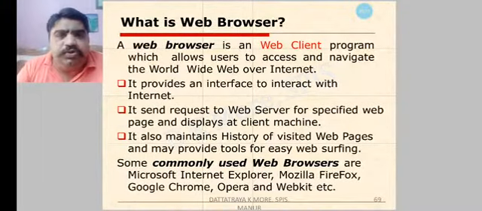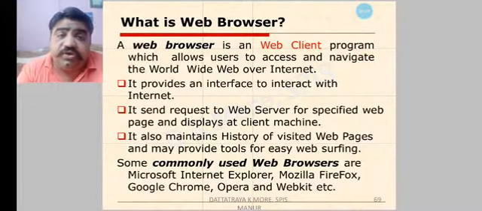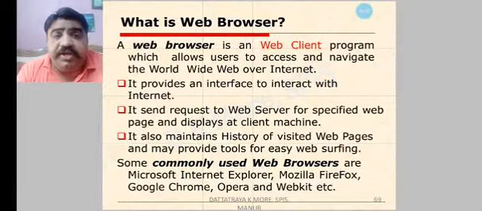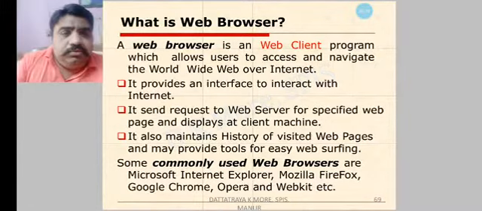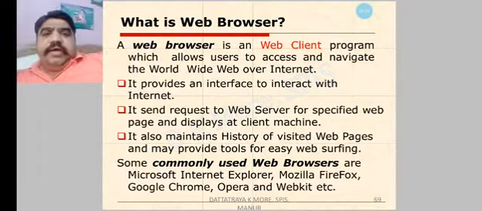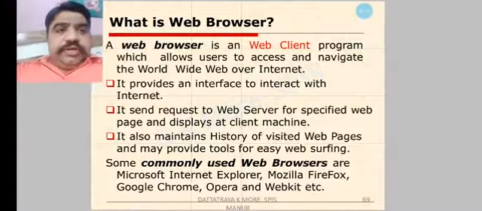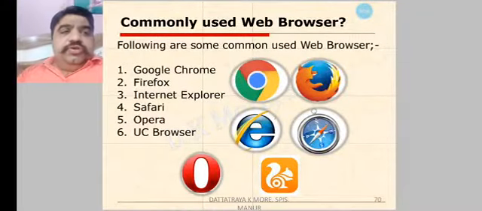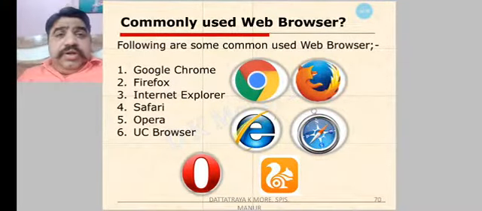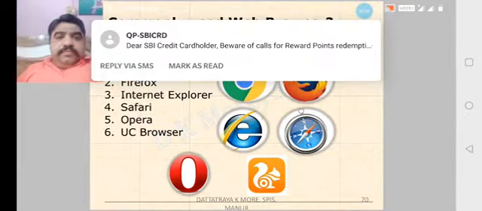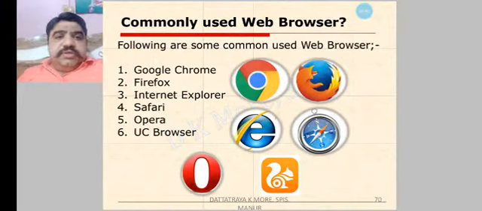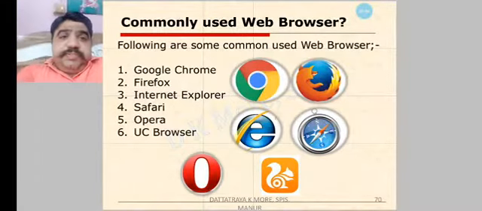Some commonly used web browsers are Microsoft Internet Explorer, Mozilla Firefox, Google Chrome, Opera, WebKit, Safari, then UC Browser. So many are available for use. Let us see the commonly used web browsers. I have kept their icons here.